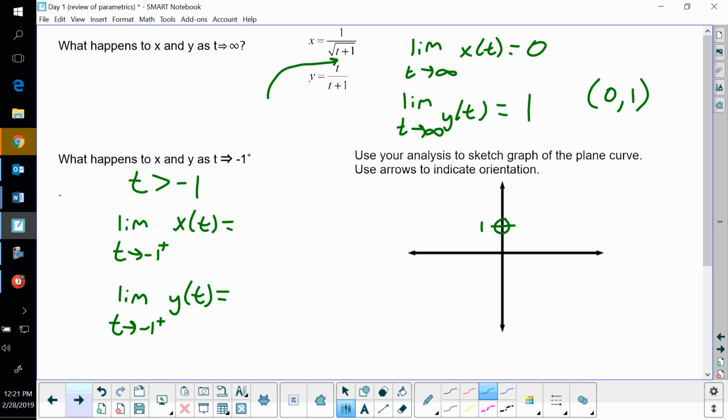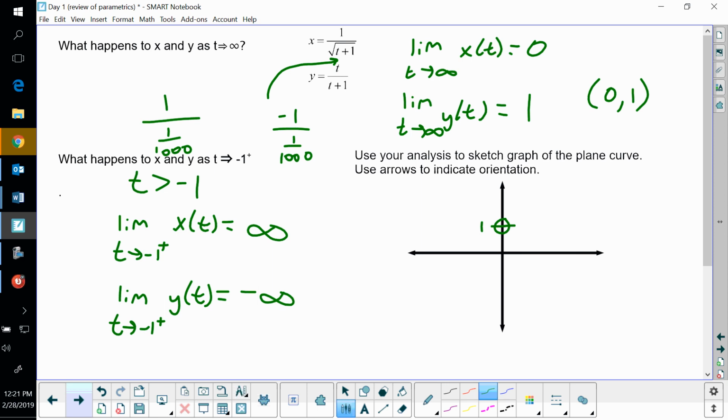Well, 1 divided by a tiny positive, that's like having 1 over 1,000. If you do a keep change flip, that'll be a big positive. If we have negative 0.99999 for the y, the numerator is going to get really close to 1, so that's not an issue. The denominator, though, is going to be really tiny positives. Negative 0.9999 plus 1, think of it as like 1 over 1,000. When we do keep change flip now, we'll go to negative infinity.